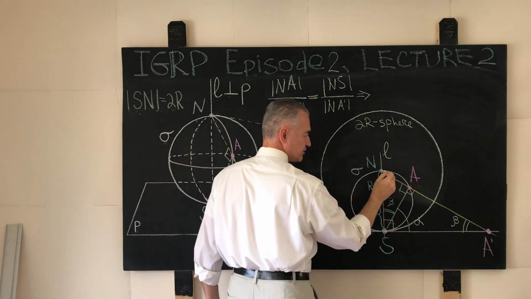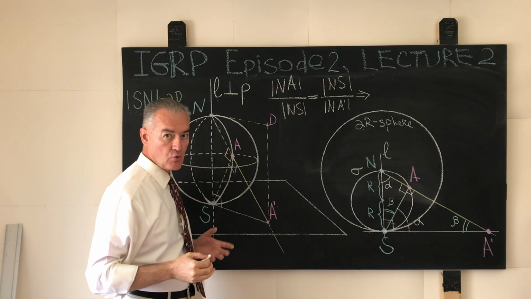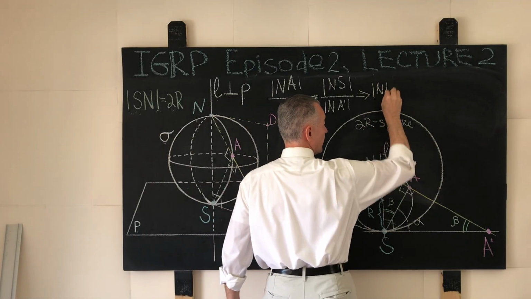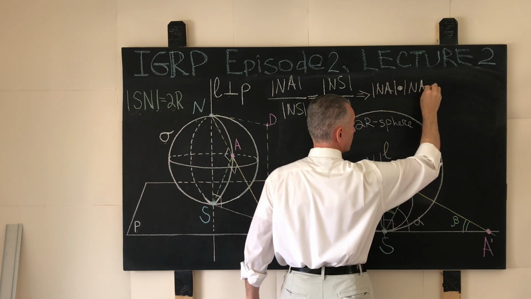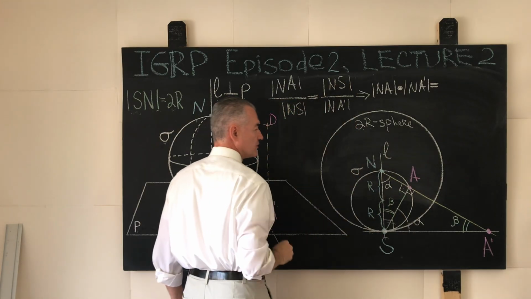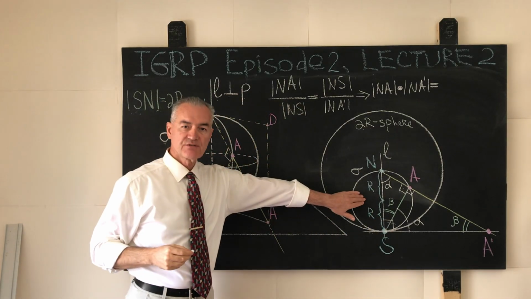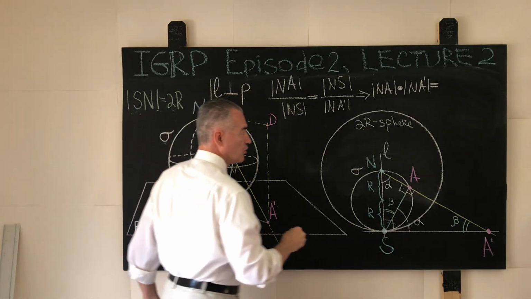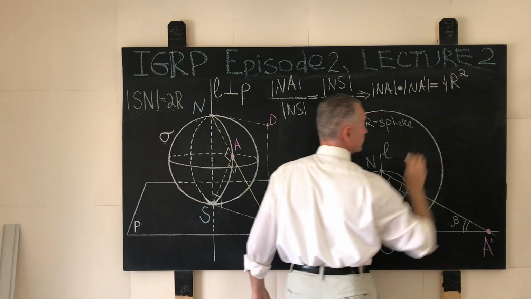You see, the points N, A, A prime are what is called collinear. They belong or sit on one and the same straight line. So the distance NA times the distance NA prime is equal to what? It is equal to NS squared, but the distance NS is what? It is twice the radius of our favorite Riemann sphere named sigma, so this will be 4r squared.